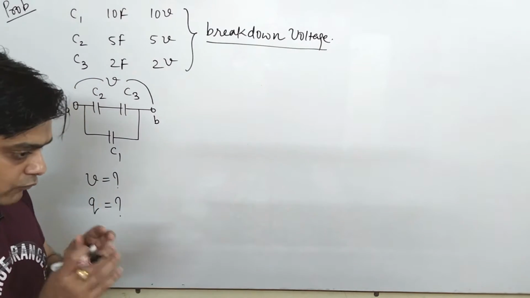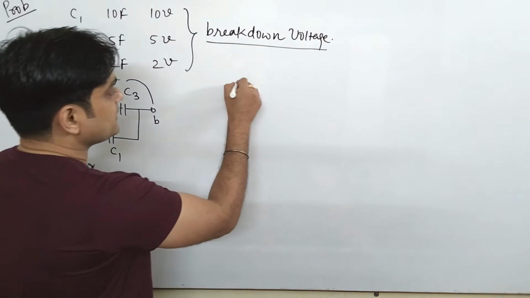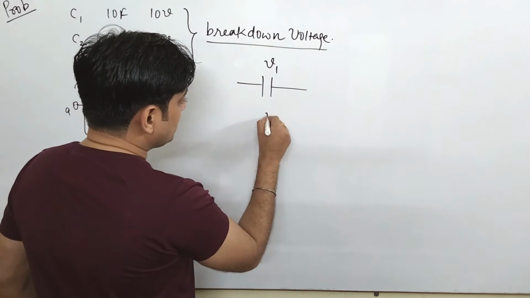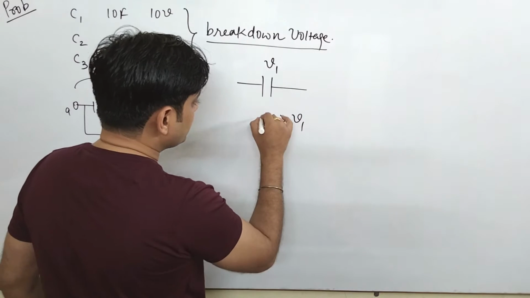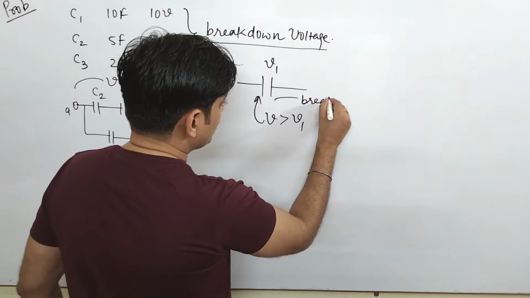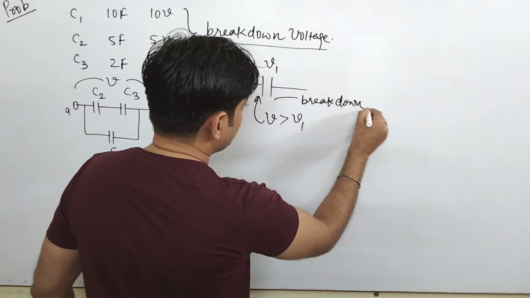If you see a capacitor having some voltage V1, and you apply a voltage V which is greater than V1, this capacitor breaks down. Why?